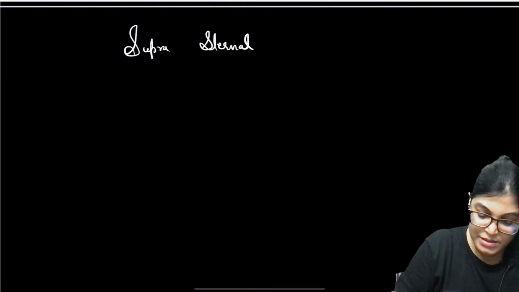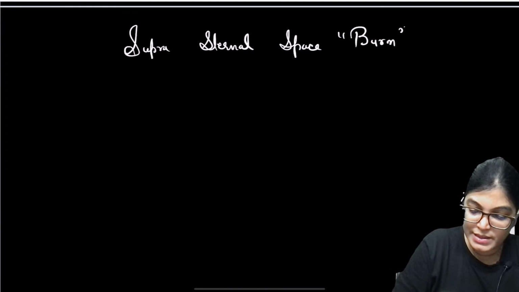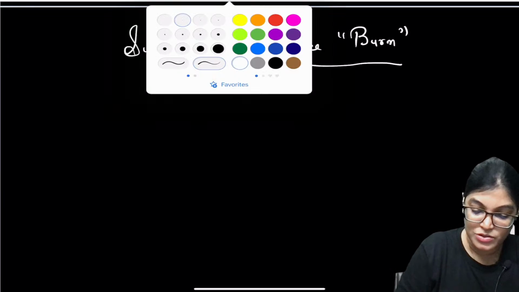So write down the heading: suprasternal space of Burns. It is enclosing four structures. What are they?